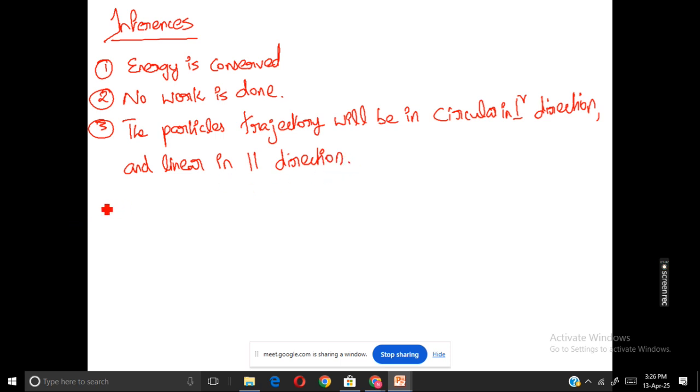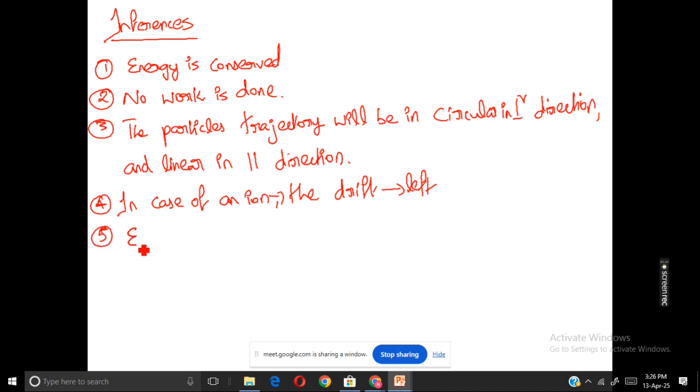This is the z direction, linear in the parallel direction, where we got Vz is equal to Vz. And in case of an ion, the drift will be towards the left, and in case of an electron, it will be towards the right.